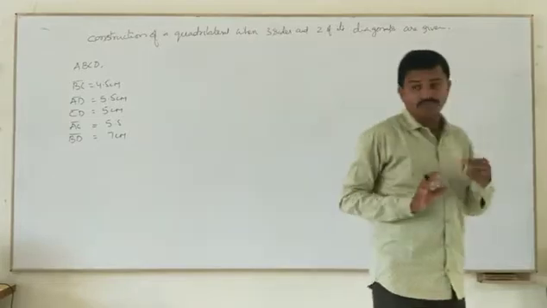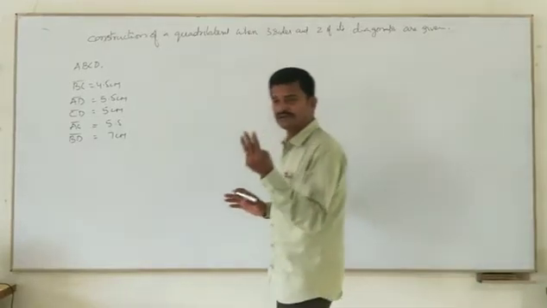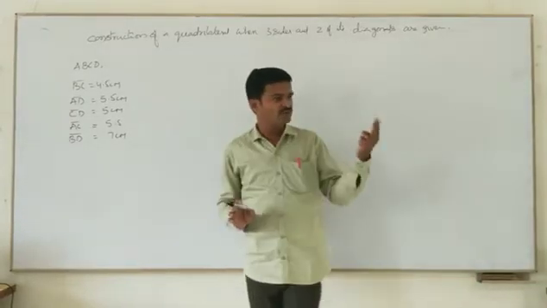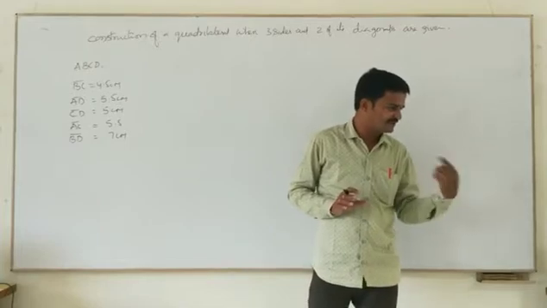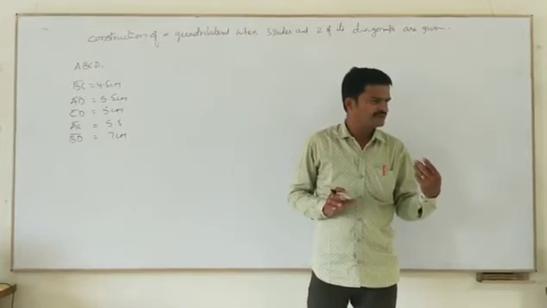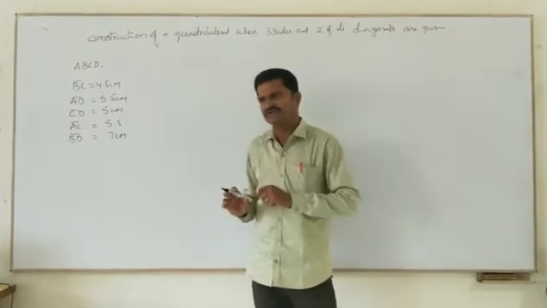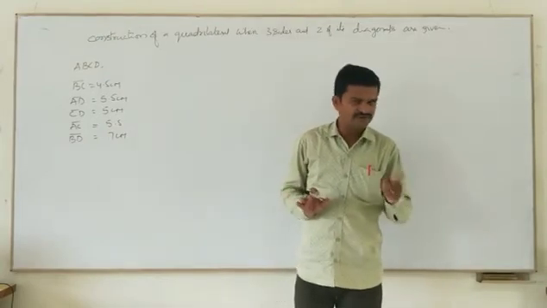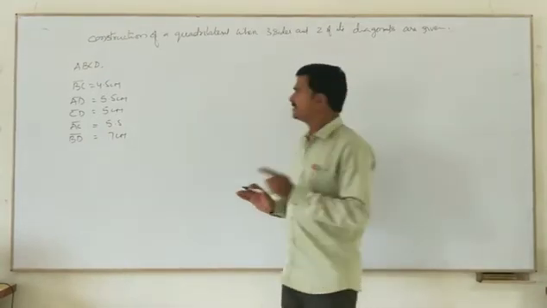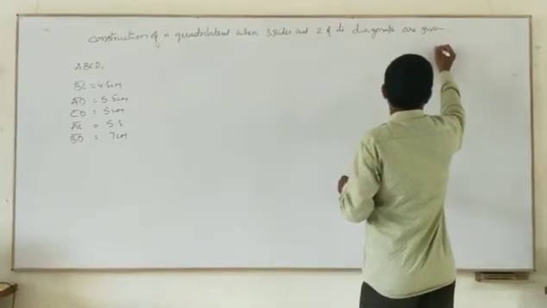So here, what is the type? Three of its sides and two of its diagonals. What is the name of the quadrilateral? ABCD. Everybody listen clearly. I am drawing a rough sketch.